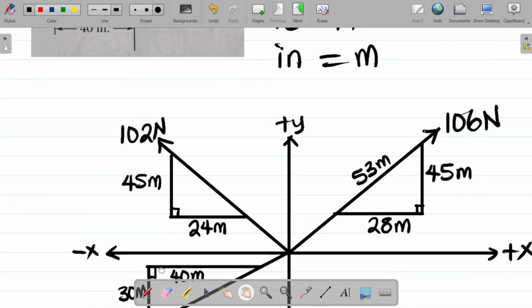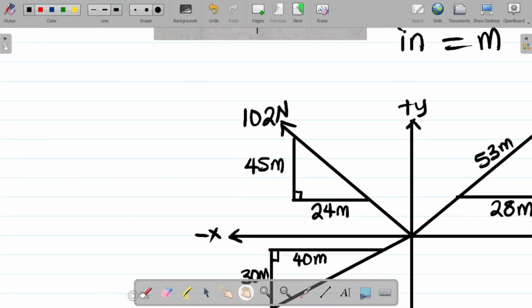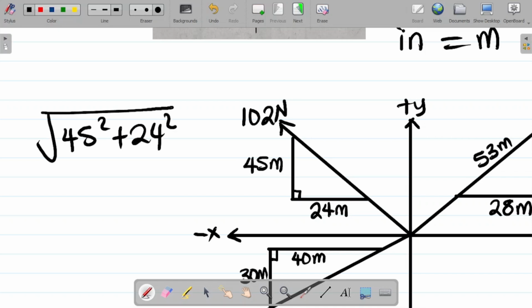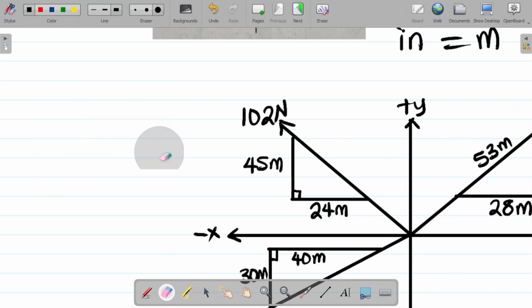Let's come to this. We'll follow the same principle here. The 102 Newton force is simply equal to the square root of 45 squared plus 24 squared, which gives you 51. So this part here is 51 meters.